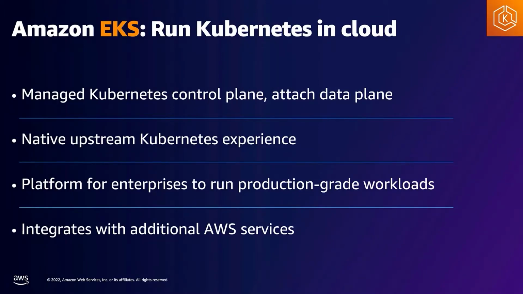You can always get your upstream Kubernetes experience, and you can decide which version of Kubernetes you want. It will feel exactly the same as if you had to install and configure Kubernetes on-prem or on your managed EC2 instances.